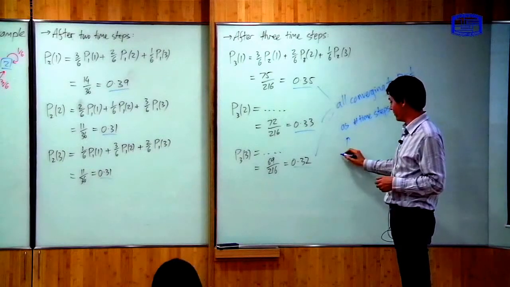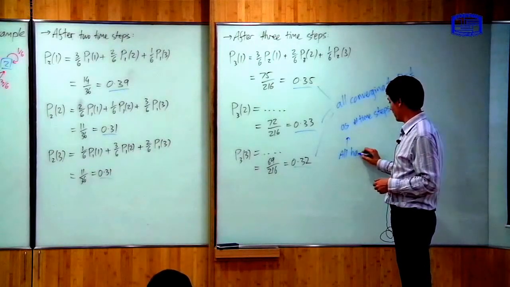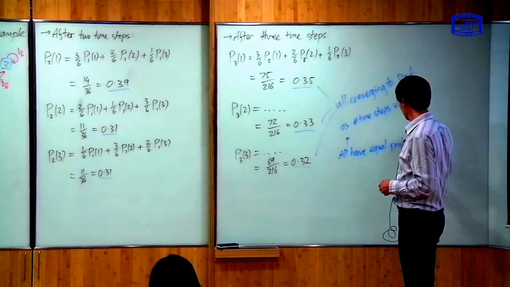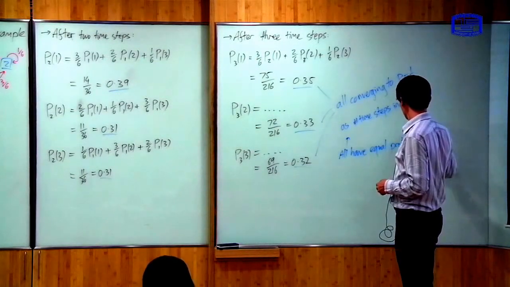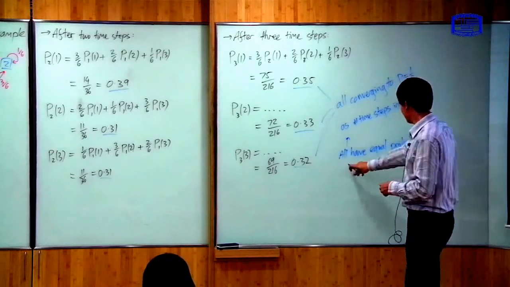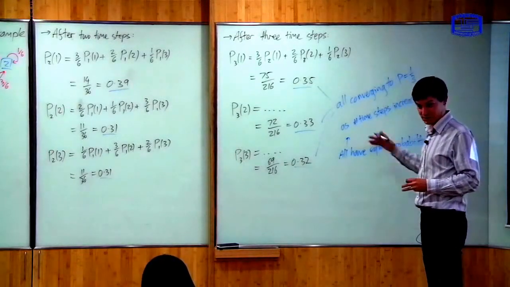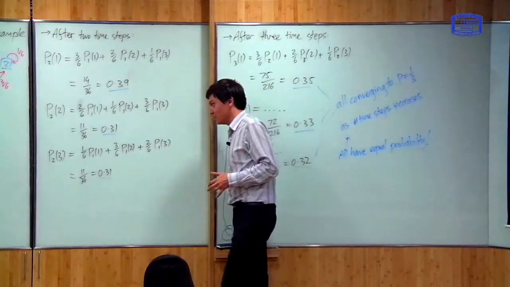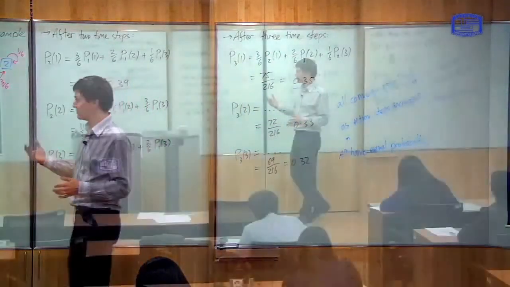So that means they all have equal probability. Okay. And this is exactly the statement of the fundamental postulate. The probability of each microstate should be equal. And we saw that in our model system, this is true.